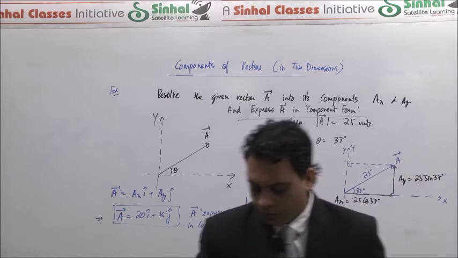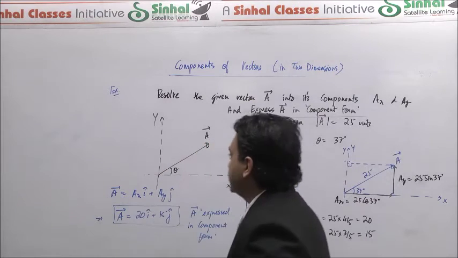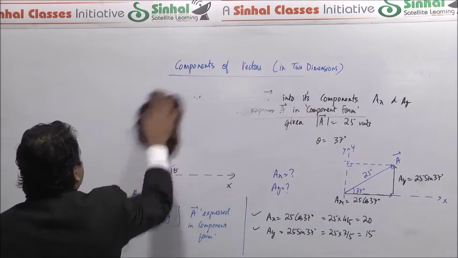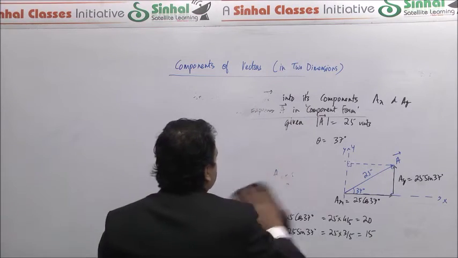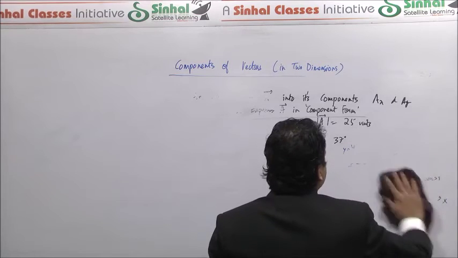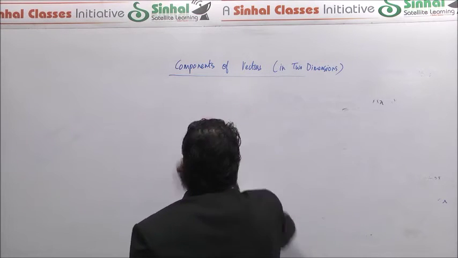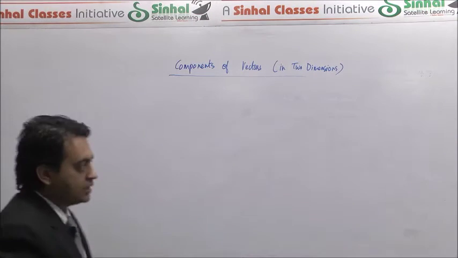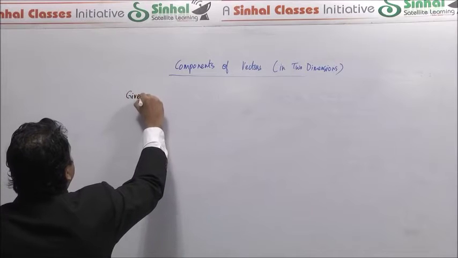Now, before we continue with some more examples, what we will look at next is how to do the reverse of this problem: if the components Ax and Ay of a vector are known to us, then how to find the magnitude and direction of the given vector.